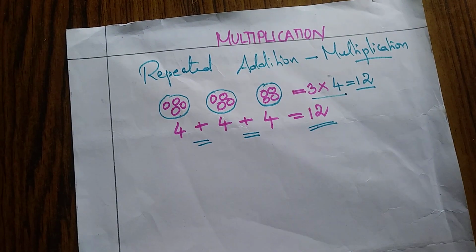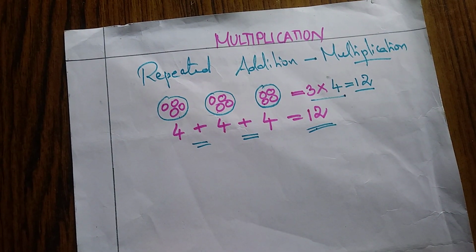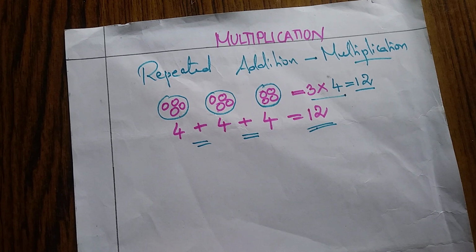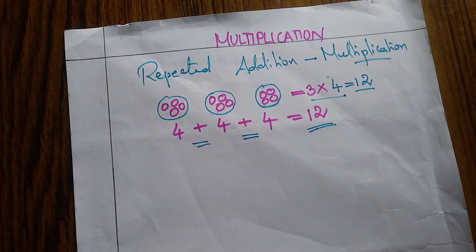Before we enter into repeated addition or multiplication, all the children should be very familiar with their tables. All the children while attending school start with multiplication only through the tables.